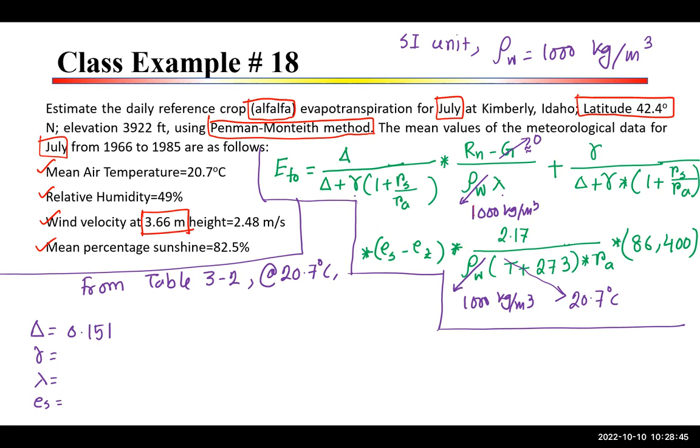And the gamma is 0.0668, and the lambda is 2.45, and the ES is 2.44 kilopascal. Okay.